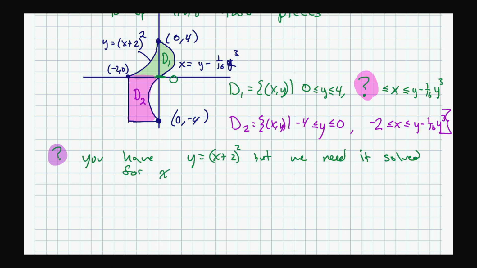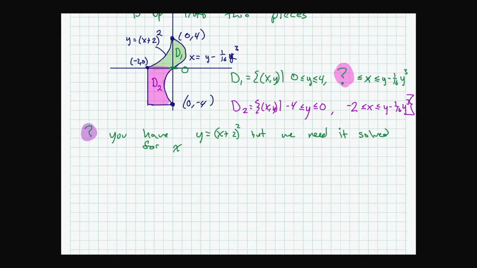Because it goes there, and that's x greater than something. So it needs to be a function of y. So you have to solve for x there. And which you can, right? It's not super complicated. You square root both sides. Technically, there's a plus or minus there. We'll have to consider that. And then you move the 2 over. So square root y minus 2 equals x.